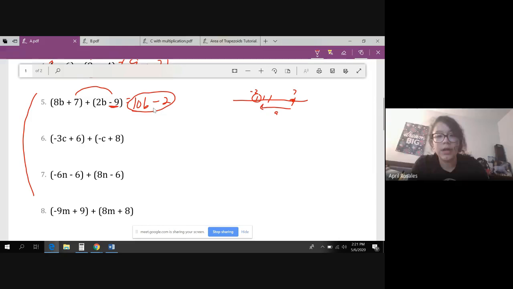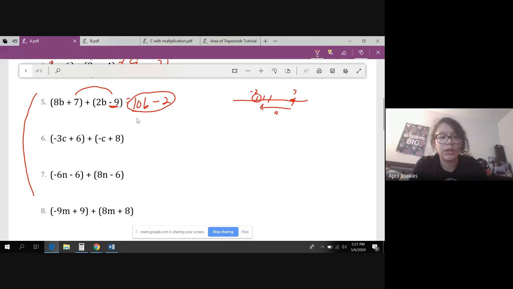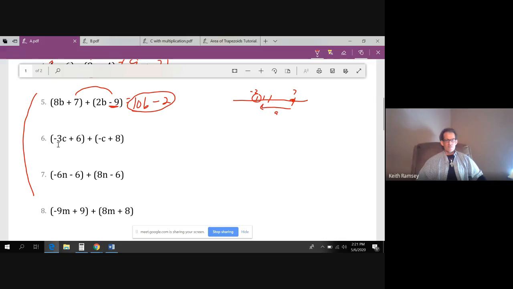Thanks. Mr. Ramsey, I need help on number 6. Okay, so this has a C and this has a C. What's tricky about this one is this -C, there's nothing in front of it. So there's always a 1. Even if there's no 1 that's written there, this is -1C.